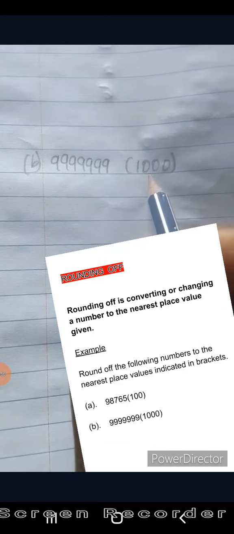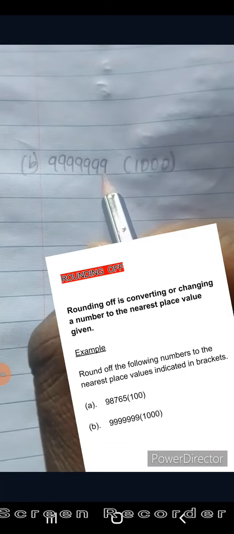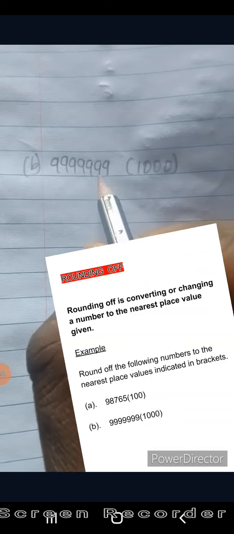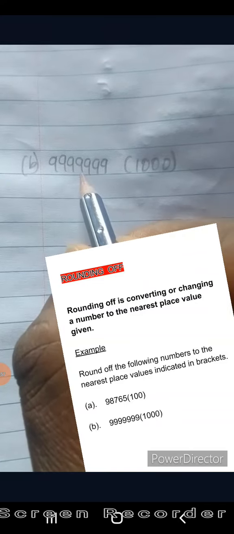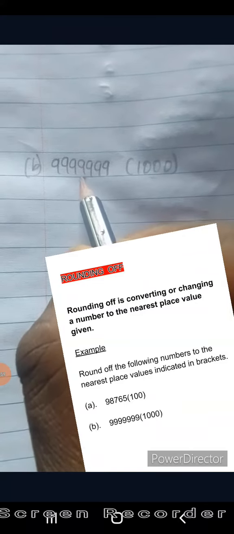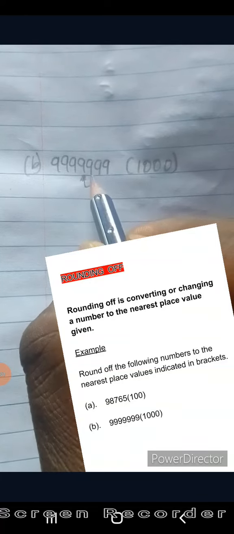So you check the number lying on the 1,000 place, that is ones, tens, hundreds, thousands. You put a star there. Then you check the number before. When it is more than 4, you add 1. When it is less than 4, you don't add. In this case, we will add 1.